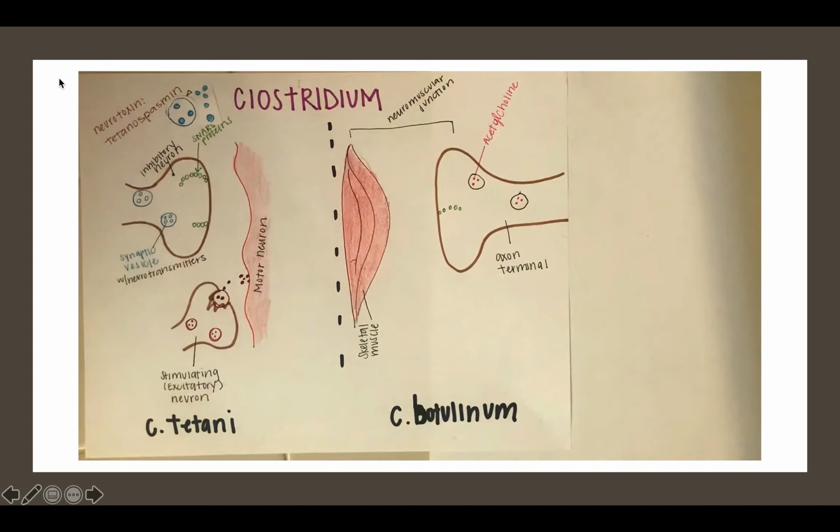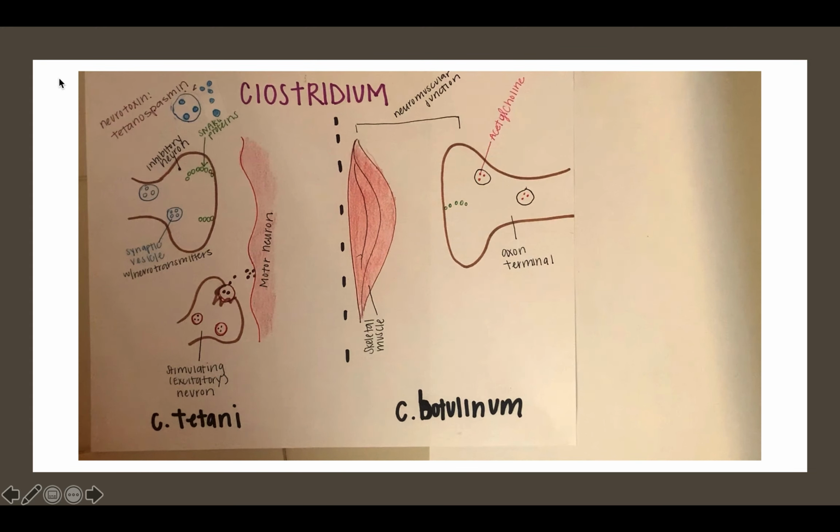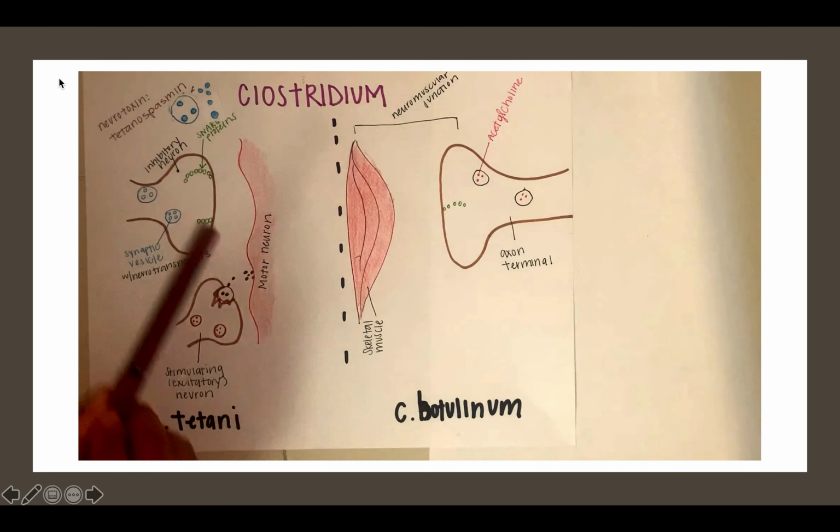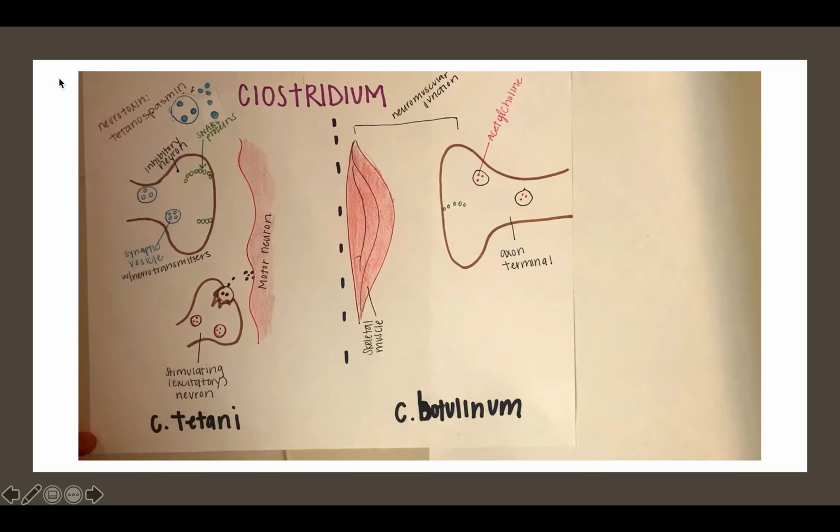Okay, so I'm going to go ahead and explain how things normally happen within the synapse of our brain, because this toxin is going to actually affect the synapse in the brain. So here we have the motor neuron, inhibitory neuron, and the stimulating neuron. These neurons are going to have synaptic vesicles. Here you see them.